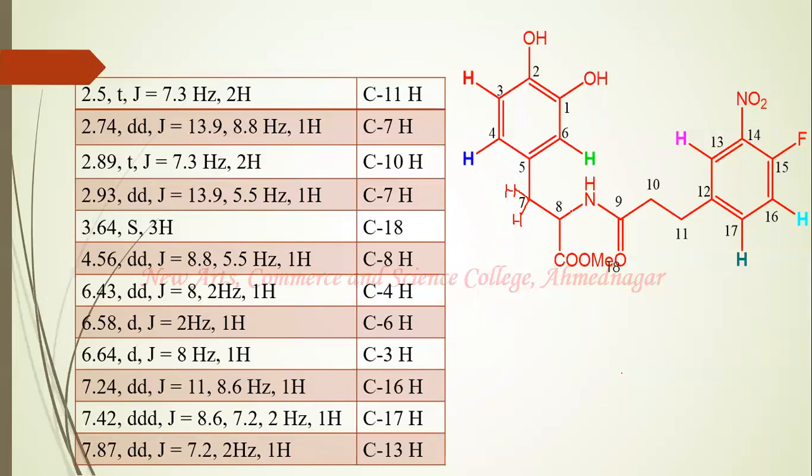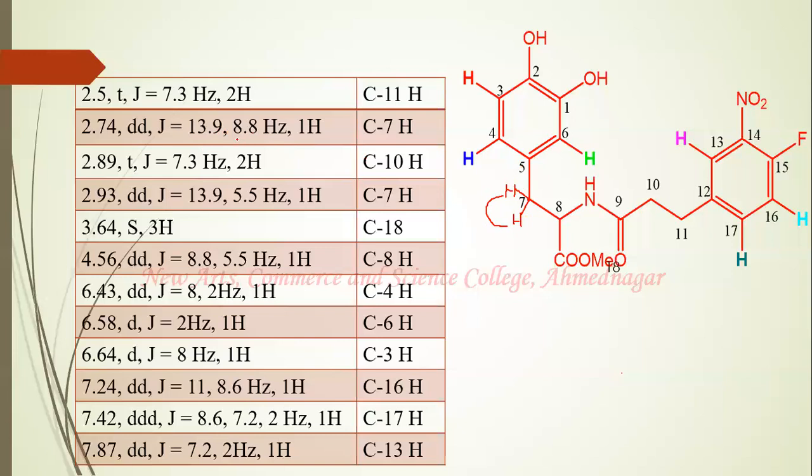Adjacent carbon atom C8 is an asymmetric carbon atom. Therefore, the C7 protons are diastereotopic protons and they couple with one another. So the geminal coupling between the two protons will be 13.9 Hertz. Again, the large coupling constant value between these two protons is because the methylene has adjacent carbon-carbon pi bond of the aromatic ring. So pi bonds are going to increase the coupling constant value.